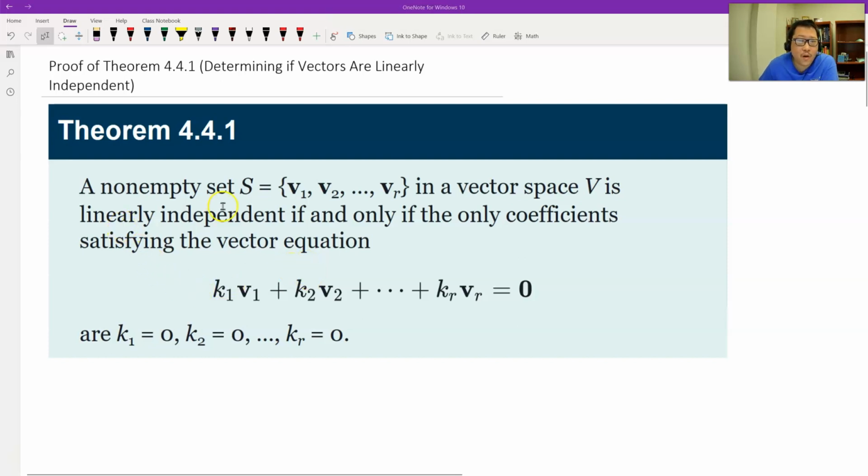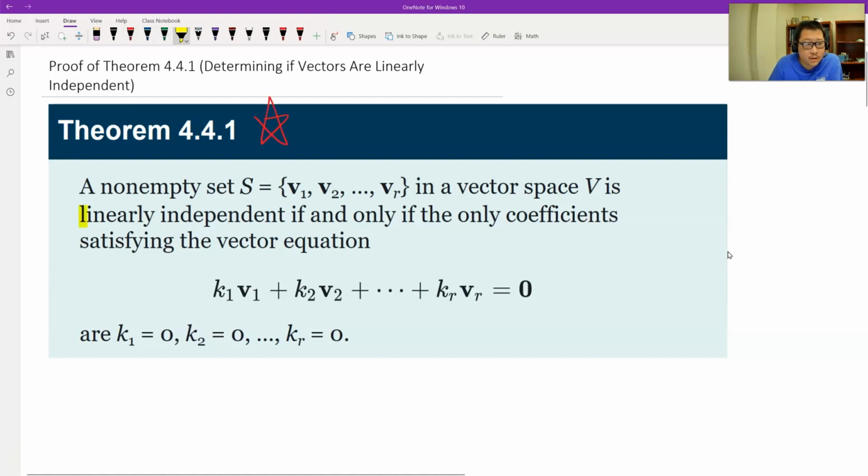For linear independence, the equivalent condition is that only the zero solution, or trivial solution, exists for this linear system. See, that's super easy. So this is super important.